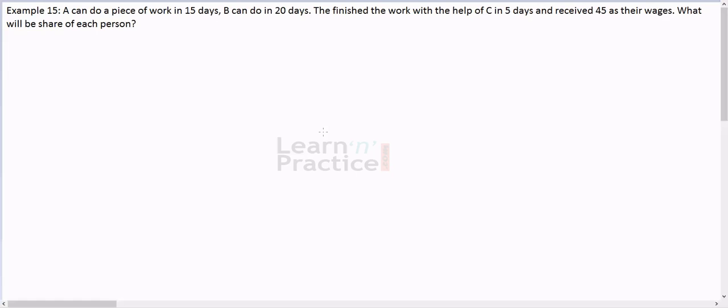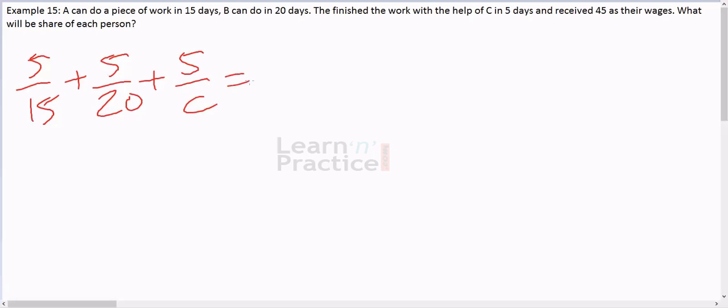So to calculate the efficiency of C, it is said that they all are working for 5 days, right? So we can write A worked for 5 days plus B worked for 5 days plus C worked for 5 days, and they completed the work.